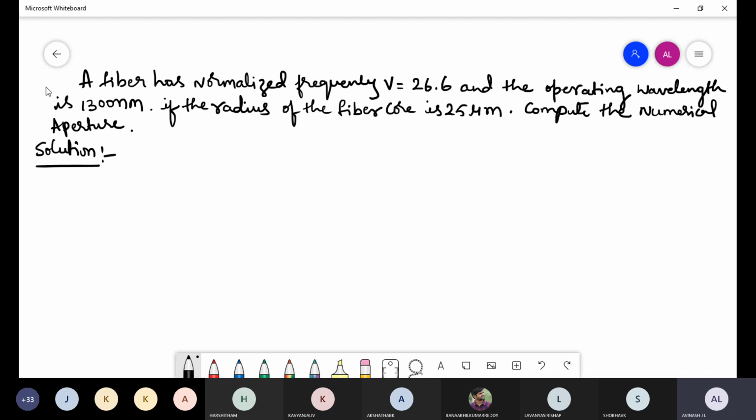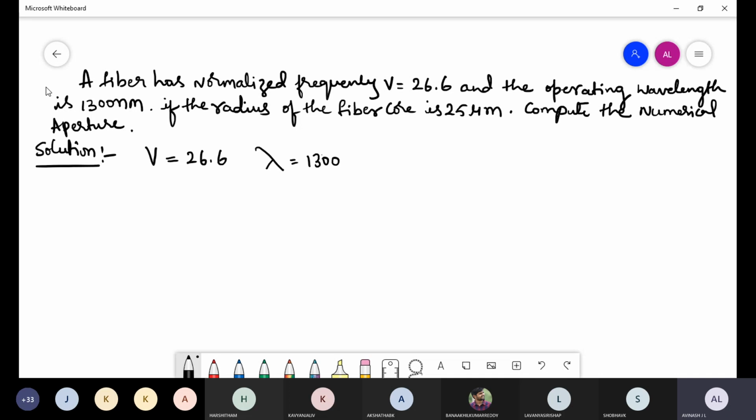Okay. So now here in this particular numerical, what is the data they have given? They have given the V number. Normalized frequency means V number, that is equal to 26.6. They have given lambda, which is 1300 nanometer.